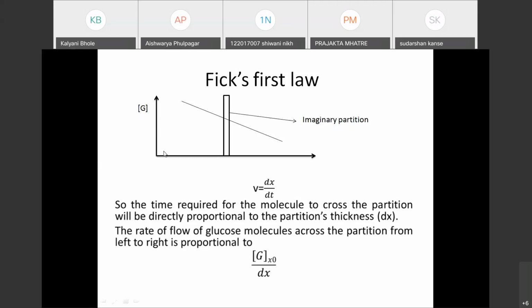You can see this graph. This axis shows the concentration of the glucose, along with the motion of water molecules.